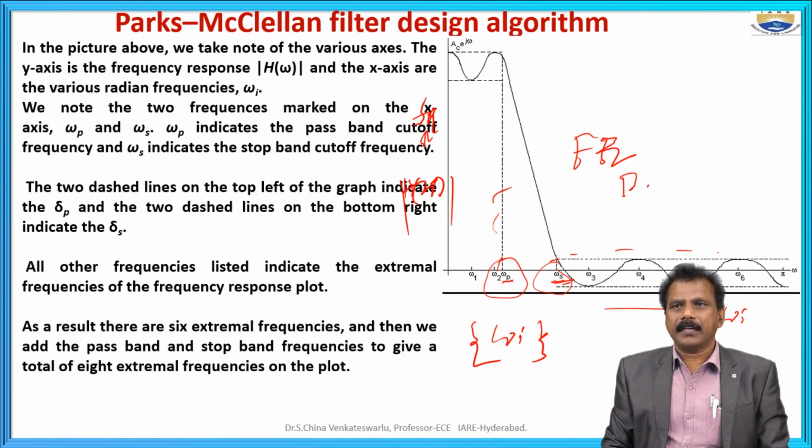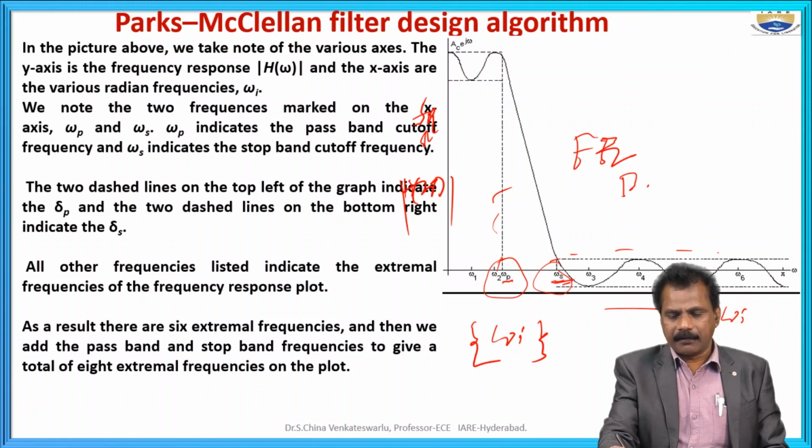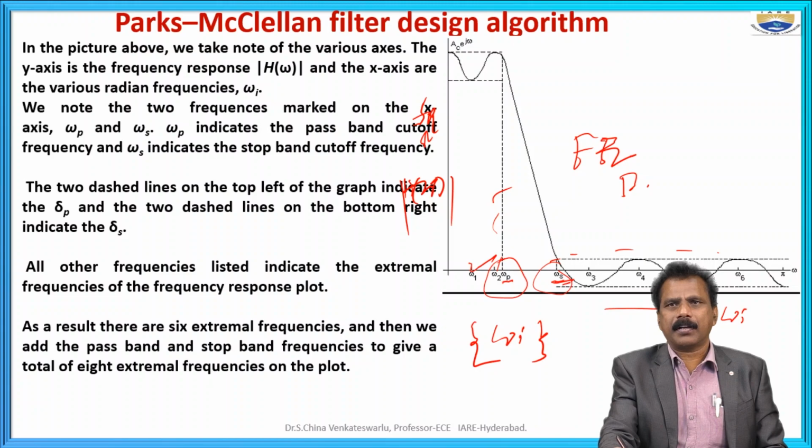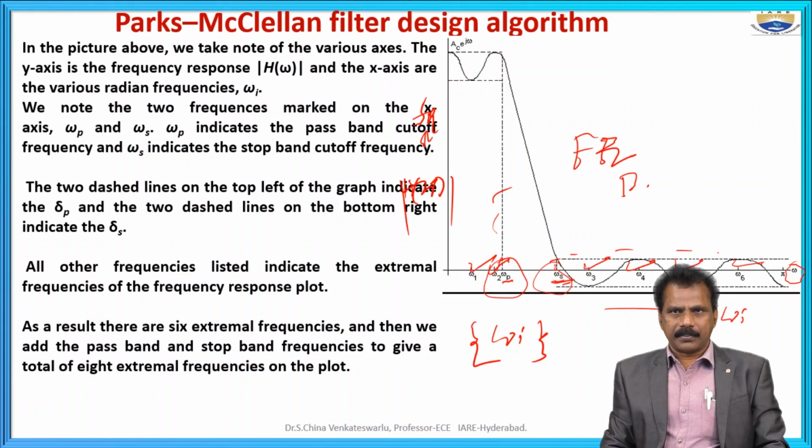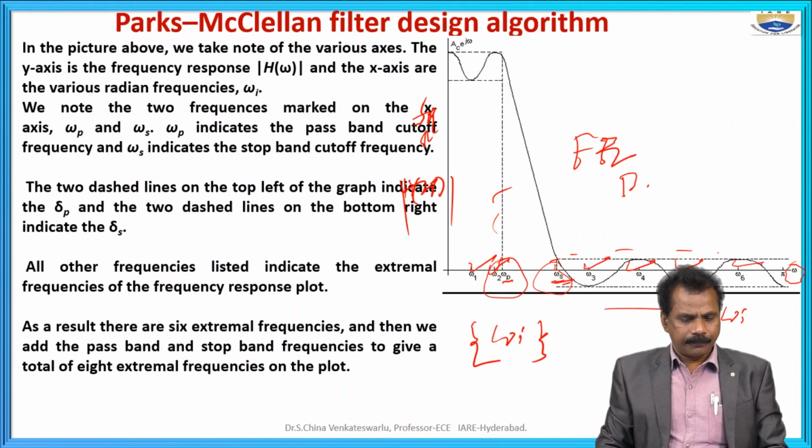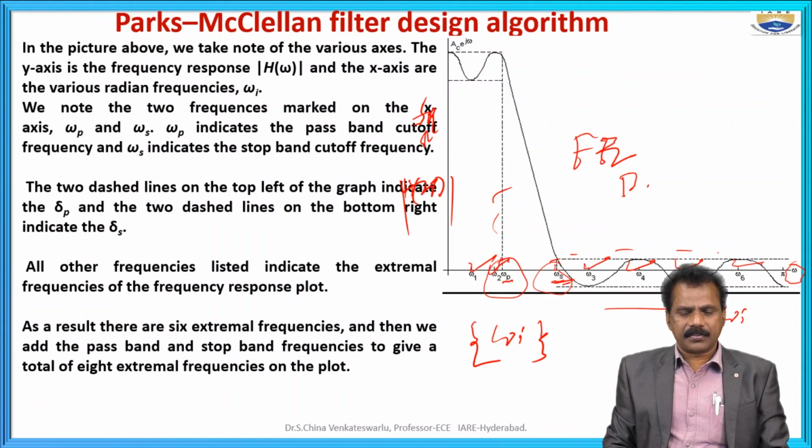What are the 8? Omega 1, omega 2, omega 3, omega 4, 5, and 6. Here it is omega versus the frequency response, giving a total of 8 extremal frequencies on the graph.